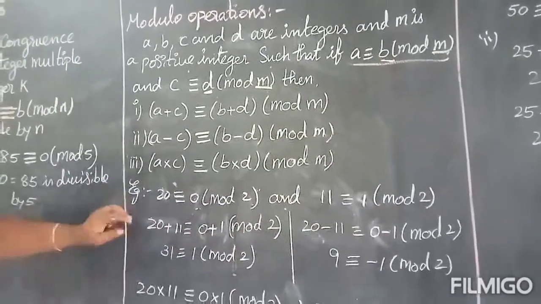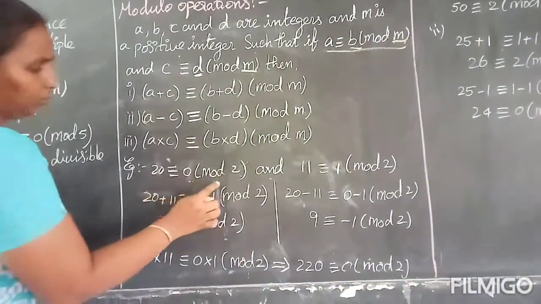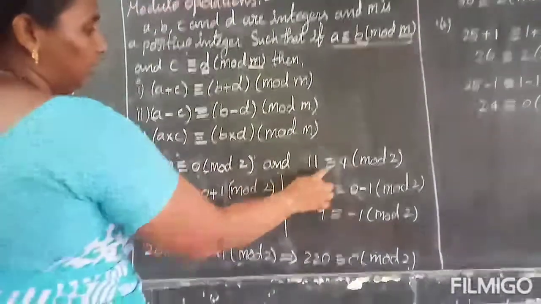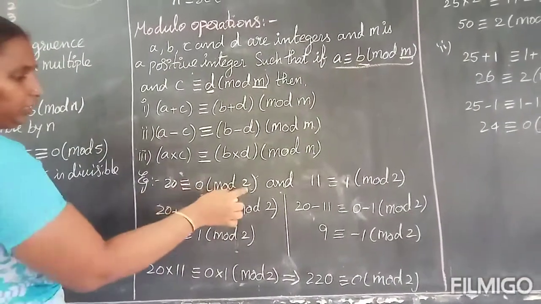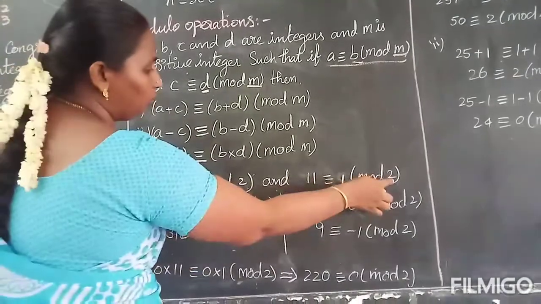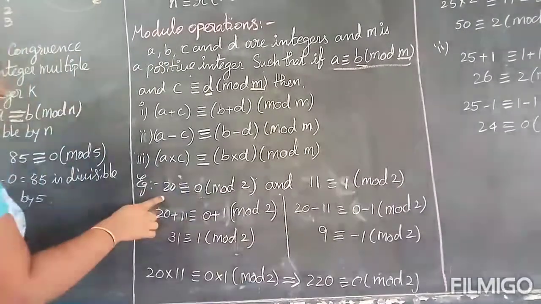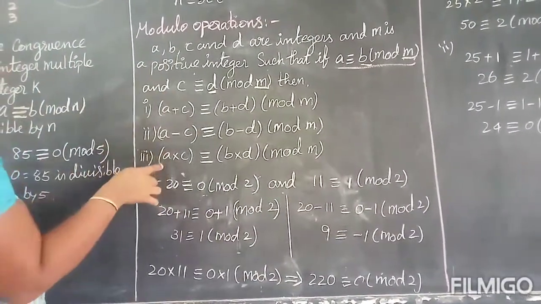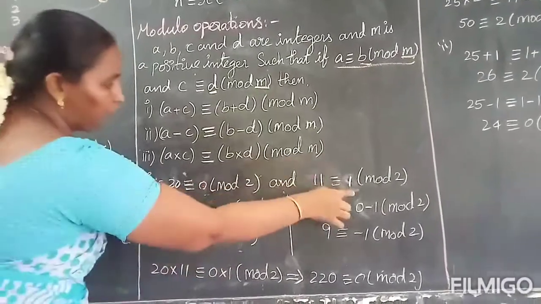So I wrote here one example. See that example. 20 is congruent to 0 mod 2 and 11 is congruent to 1 mod 2. Is it clear? If you divide 20 by 2, you will get the remainder as 0. If you divide 11 by 2, you will get the remainder 1. Now we are going to apply these modulo operations. 20 plus 11, 0 plus 1.